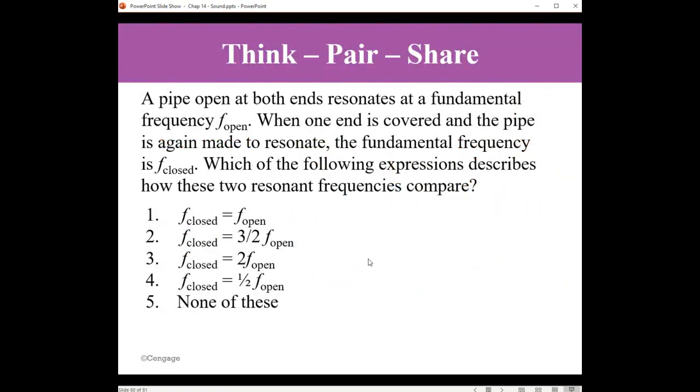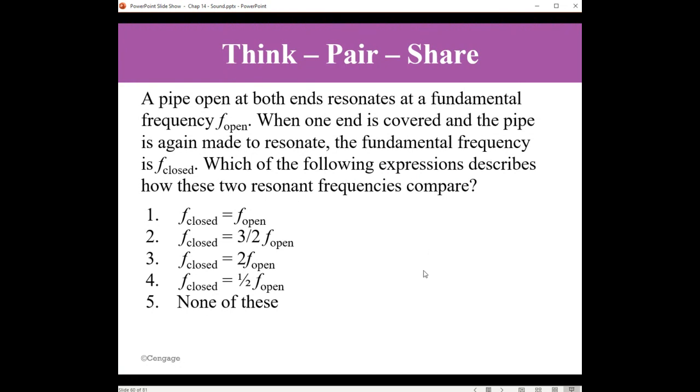A pipe open at both ends resonates at a fundamental frequency F open. When one end is covered and the pipe is again made to resonate, the fundamental frequency is F closed. Which of the following expressions describes how these two resonant frequencies compare?